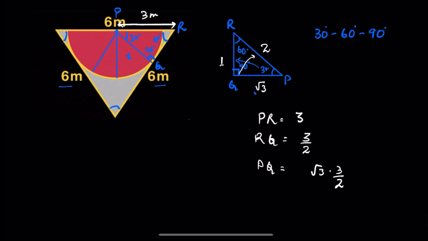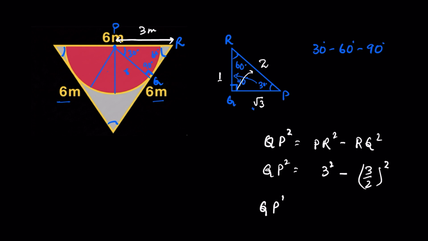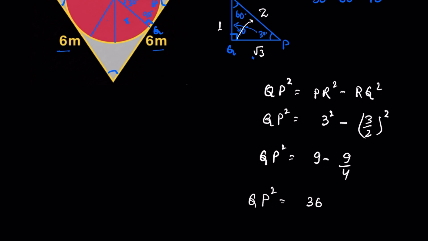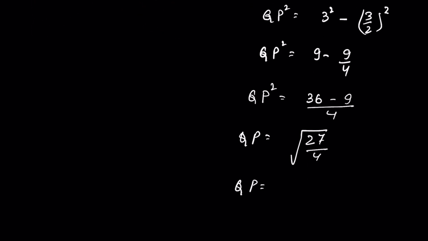Or we can use the Pythagoras theorem: QP square equals PR square minus RQ square, so QP square equals 3 square minus (3 upon 2) whole square, which is 9 minus 9 upon 4, or 36 minus 9 upon 4, so QP equals square root of 27 upon 4, or QP equals 3 times square root of 3 upon 2.